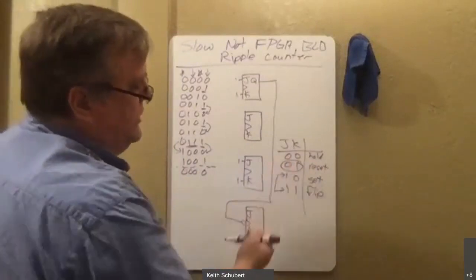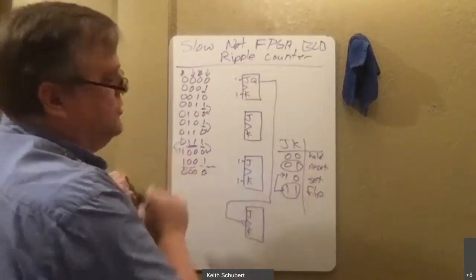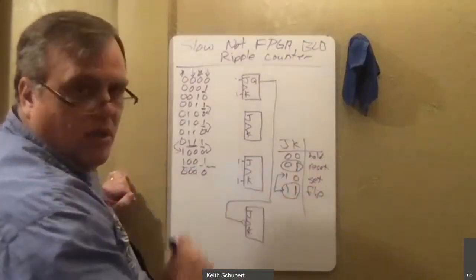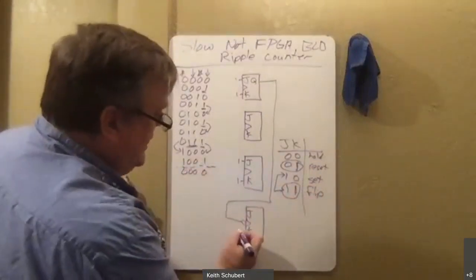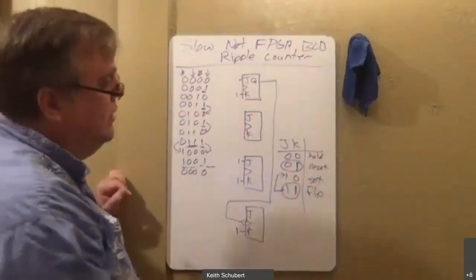Now, since I want reset for the other one, I'm going to pick flip to be the one that puts my 1 in because they both share a 1 on K. Since they both share a 1 on K, I can just do that. It makes my life really easy for my logic.